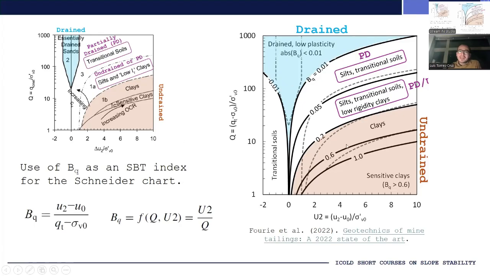So what we are saying in this chart is that these boundaries can be approximated by contours of BQ such as 1, 0.6, 0.2, 0.05, and 0.01. So we are suggesting that this blue area is considered to be drained. This brown area over here is considered to be undrained, and this white area can be partially drained or undrained.